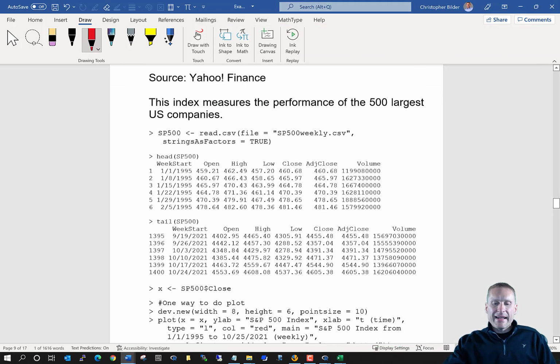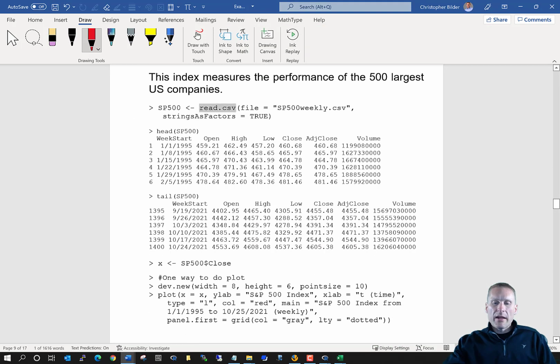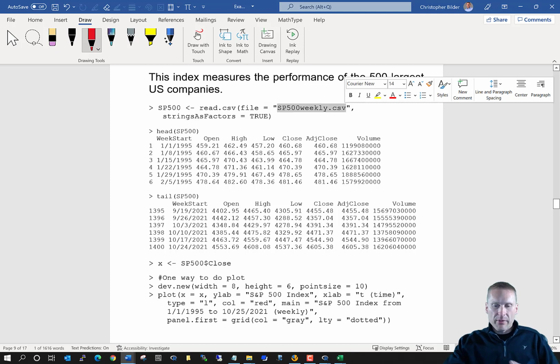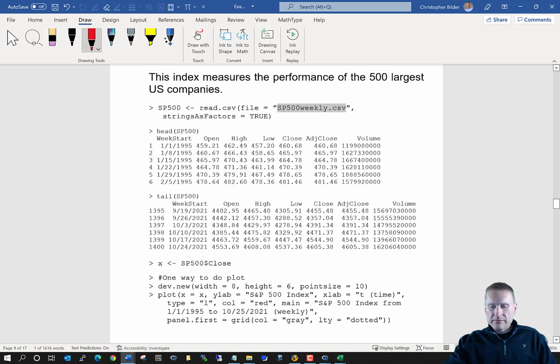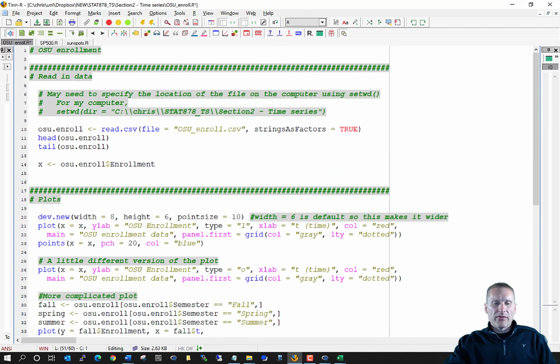To read in the data then, I simply use my read.csv function once again. My file is specified there. Again, I need to know where on my computer this file is located, and I need to make sure that R recognizes that file directory. One way that I showed you with the OSU enrollment data set is to use the setwd function.